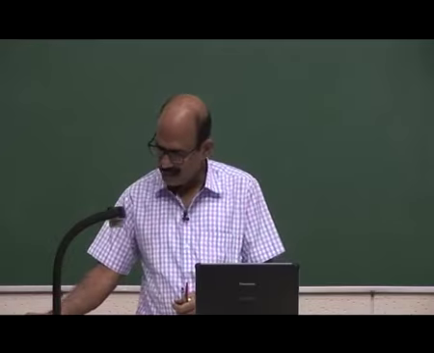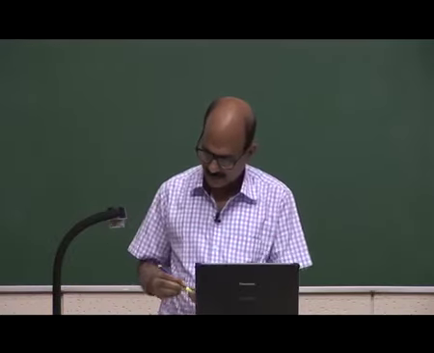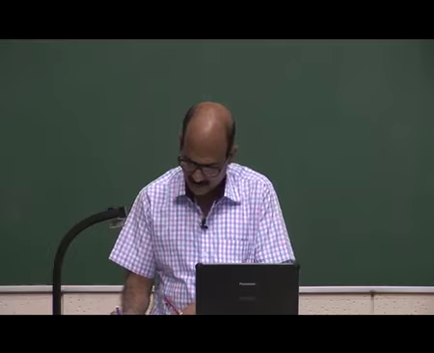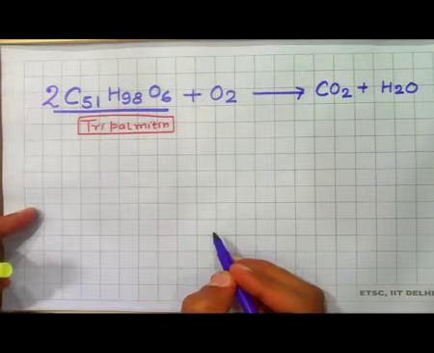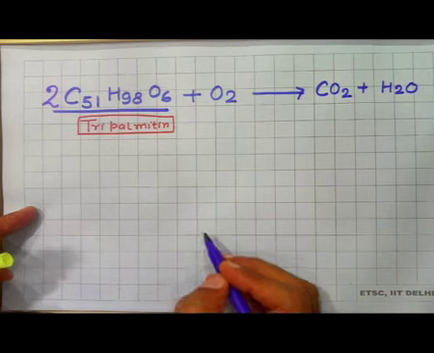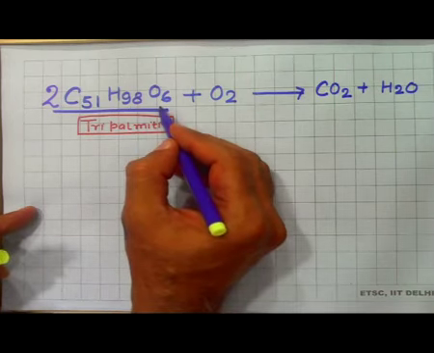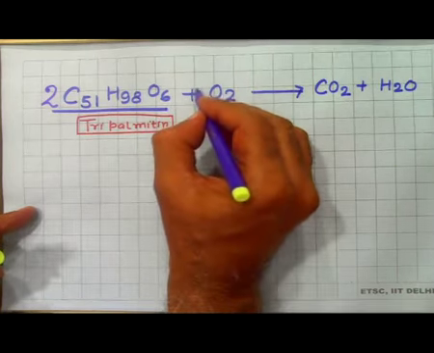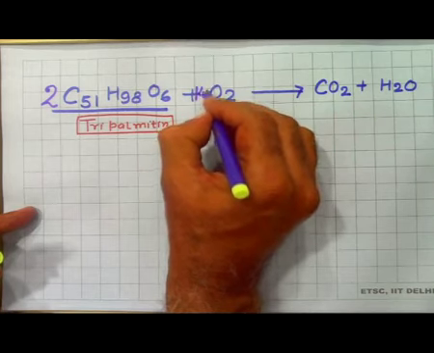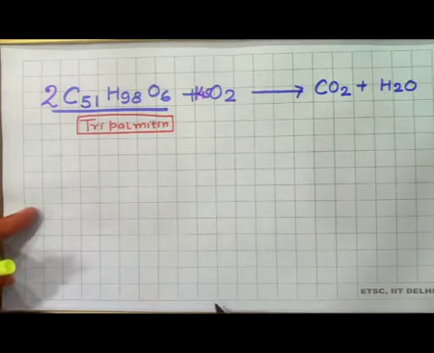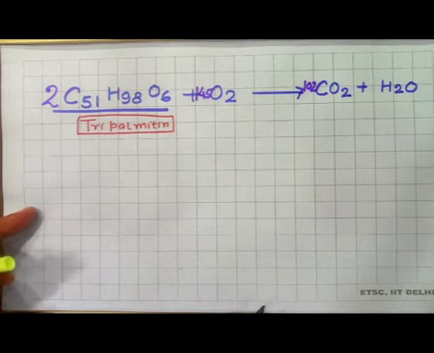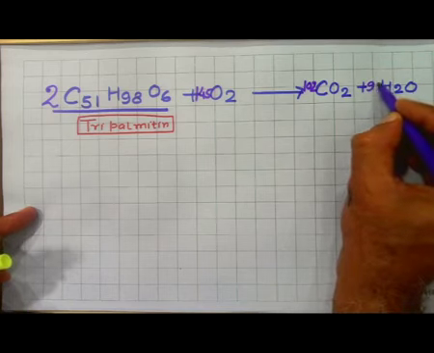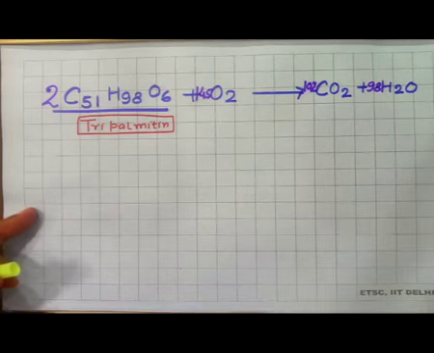When we balance this reaction, here 2 C51H98O6, when combined with 145 molecules of oxygen, gives 102 molecules of carbon dioxide and 98 molecules of water.